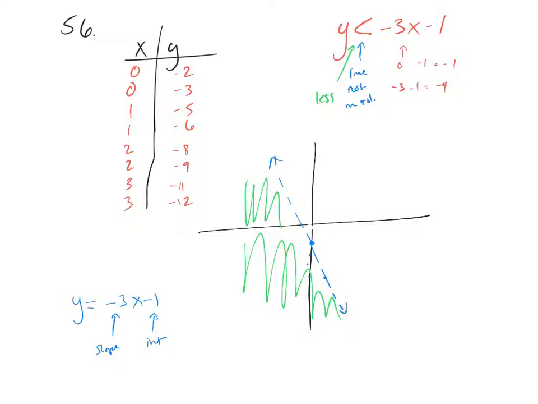When I write this in words, I'm going to say the area below, but not including, the line y equals negative 3x minus 1. You could describe that again in a similar way. Instead of using the equation for the line, you could describe it like we did in 54. I'm doing it here for brevity.